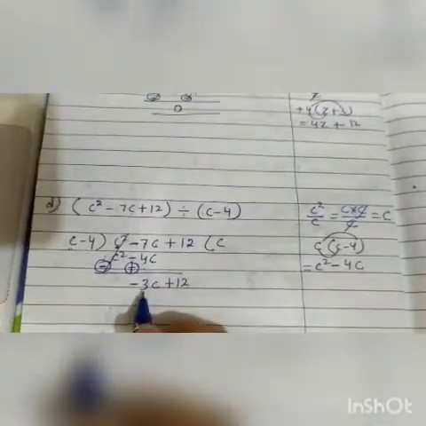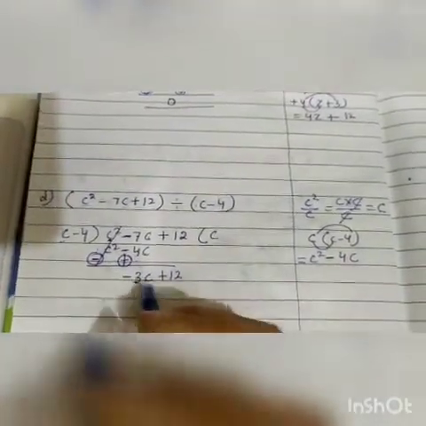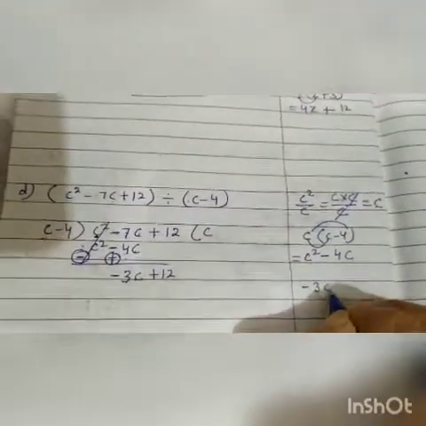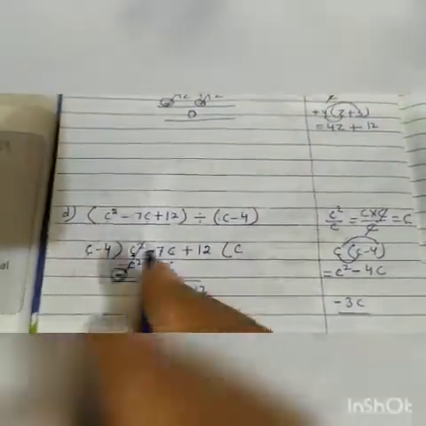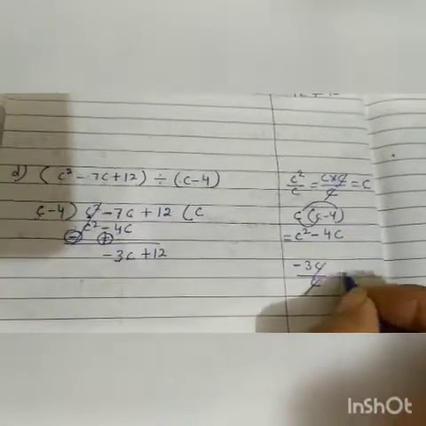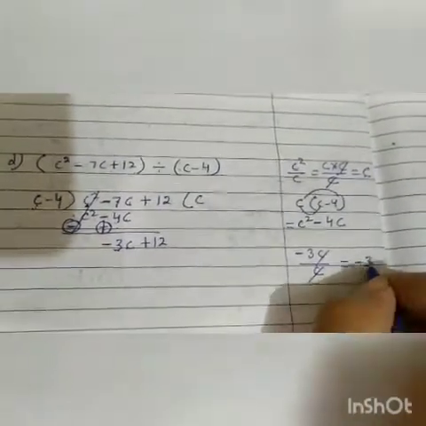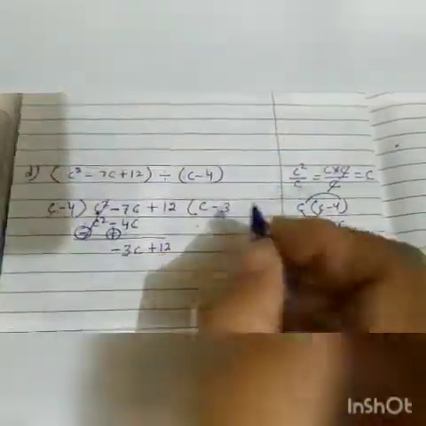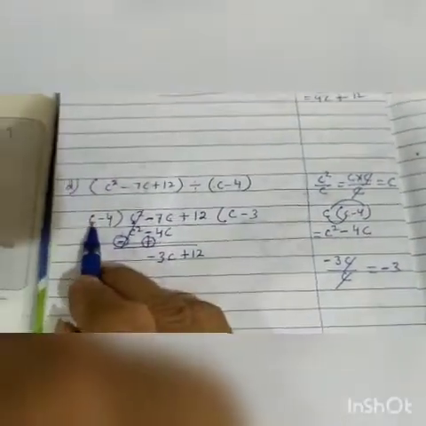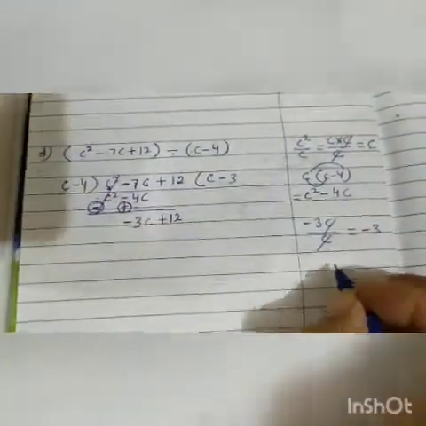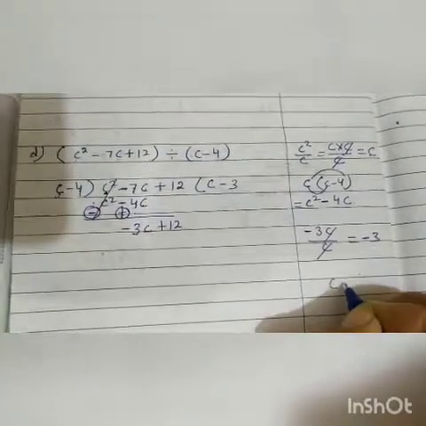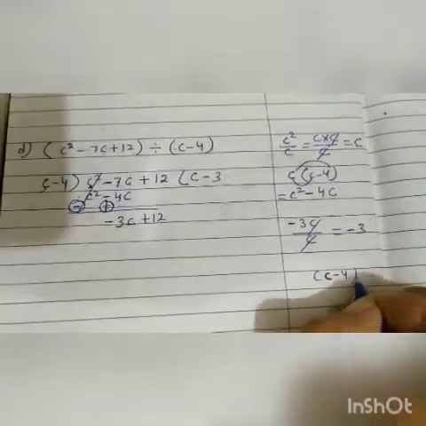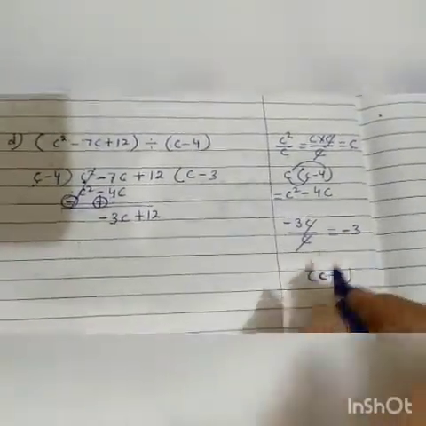Again follow the same process. Minus 3c is the first term. So minus 3c divided by this c. C cancels. We get minus 3. Write this minus 3 here. Then this c minus 4 will be multiplied by this minus 3.